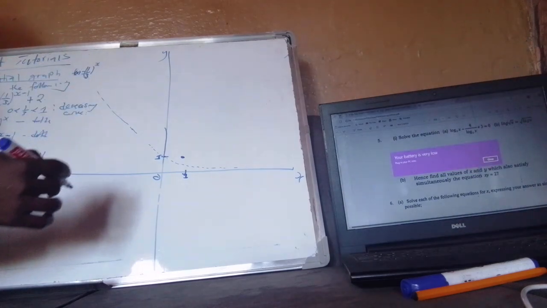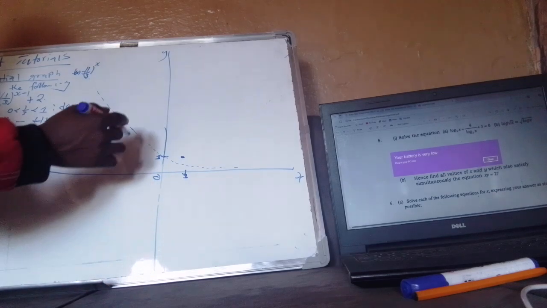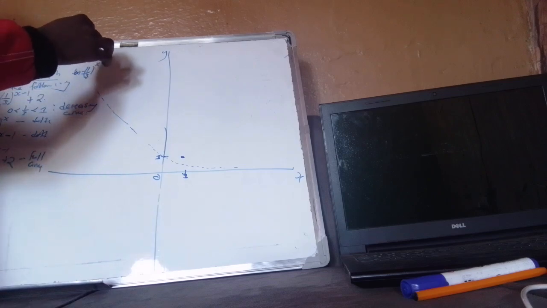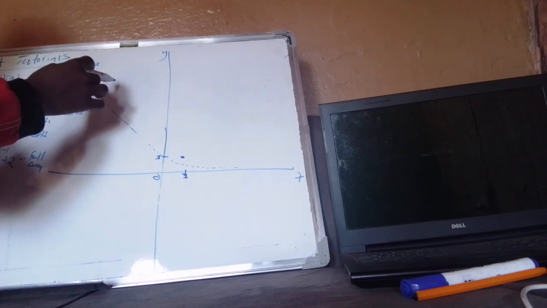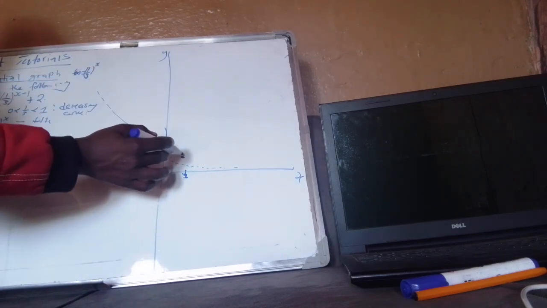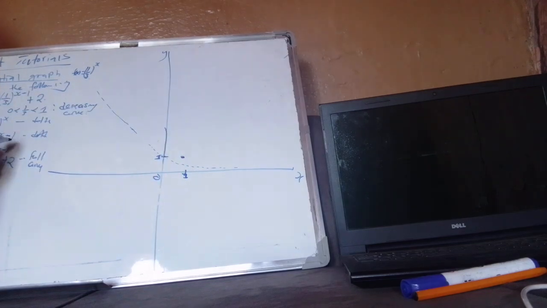But the next one will be, as it is decaying, decreasing. Number one, where is it going to cross the y-axis?